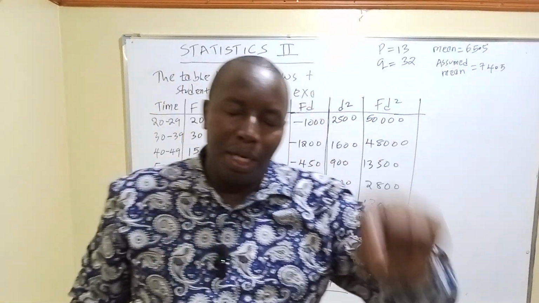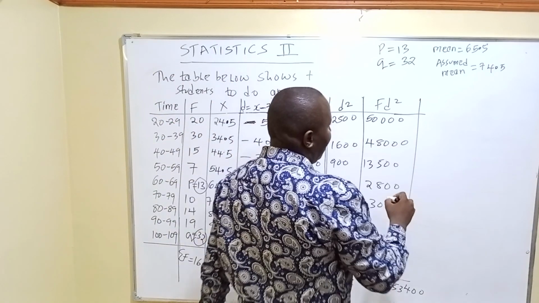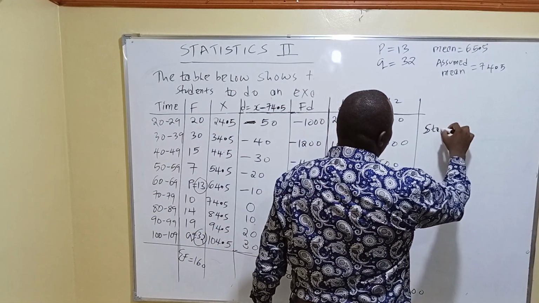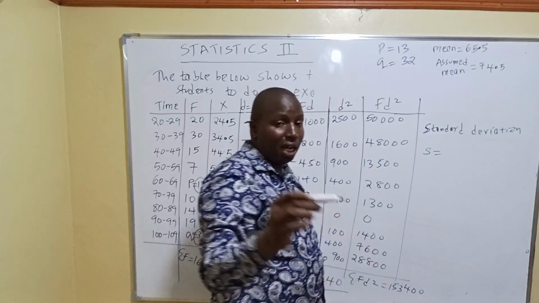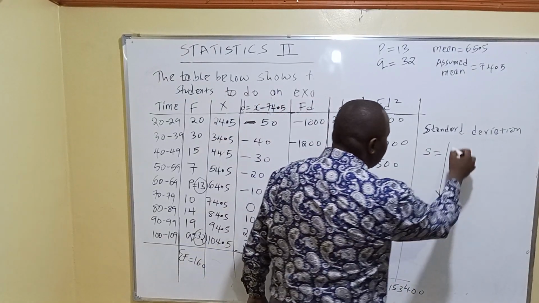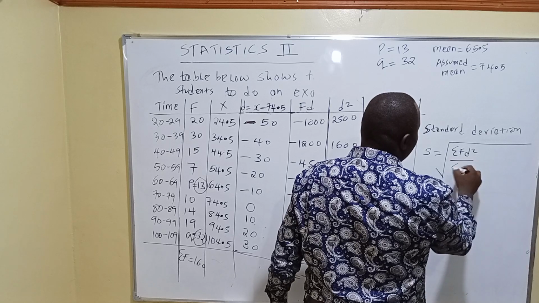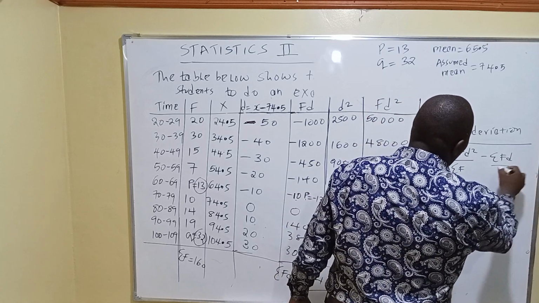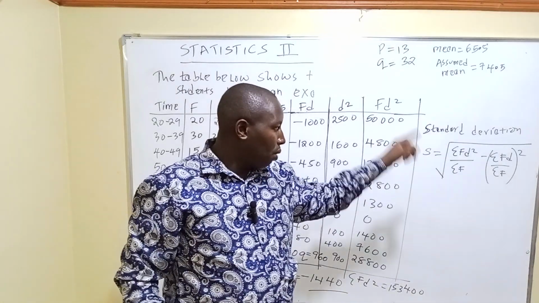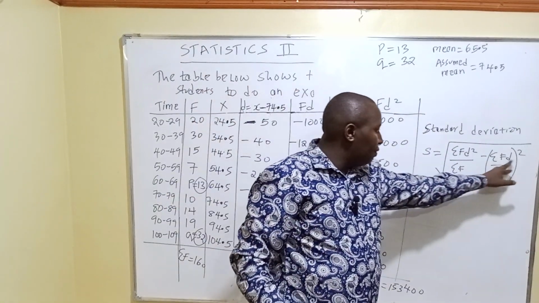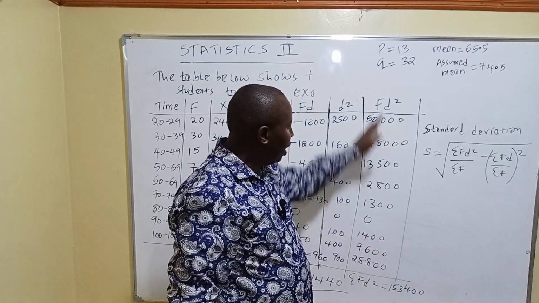When you are dealing with the assumed mean and you want to calculate the standard deviation of this data, S, the symbol for standard deviation, is equal to the square root of sigma FD squared over sigma F minus, in brackets squared, sigma FD over sigma F. These are the sums of the FD squared.